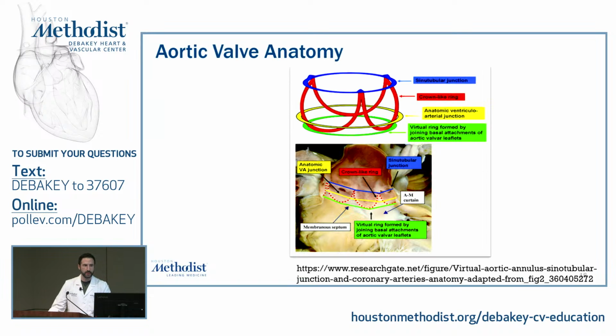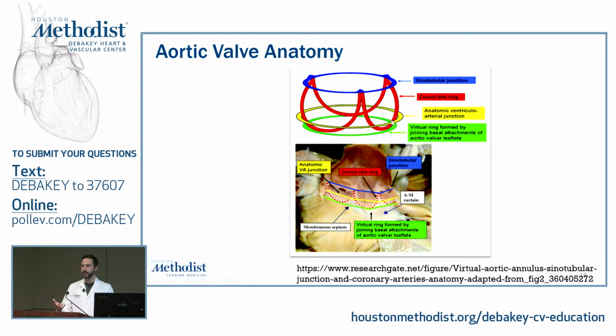So a few words on the aortic valve anatomy. The aortic annulus, as you know, is basically the basal insertion point of all three aortic leaflets. Aortic valve is tricuspid, so you have your left coronary cusp, your non, and your right. And so there's an imaginary plane here that encompasses all the basal insertion points of the three leaflets. And that plane is basically called your annulus.